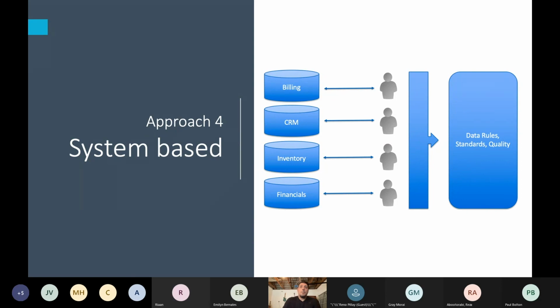Oh no, TIBCO. Look, I'm not a reseller of any technology, but Informatica and TIBCO, if you look at the MDM Gartner quadrant, for example, are the two in the top right-hand corner, and they were created for big implementations.